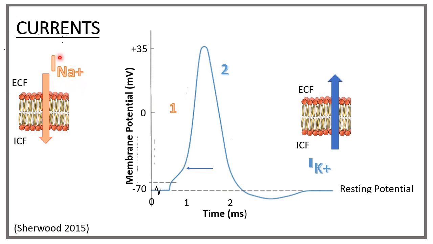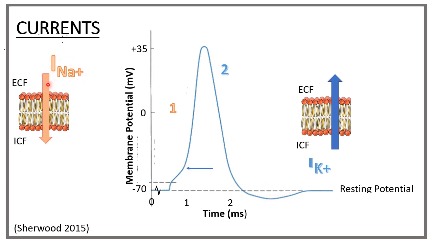We're going to have sodium currents, or I Na, sodium ions, during the upstroke of the action potential predominantly, and we're going to have a potassium current during the repolarization, or the downward voltage trajectory of the action potential.